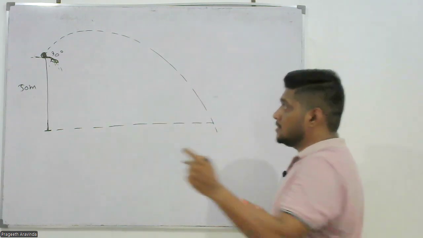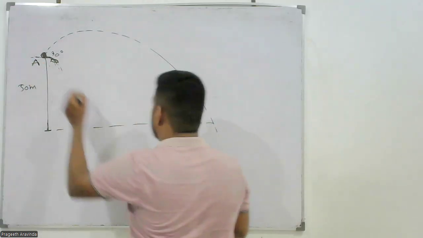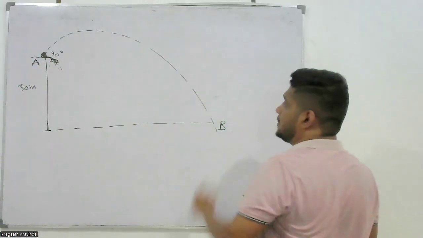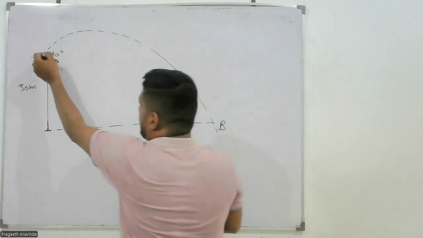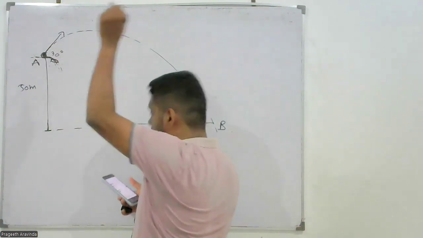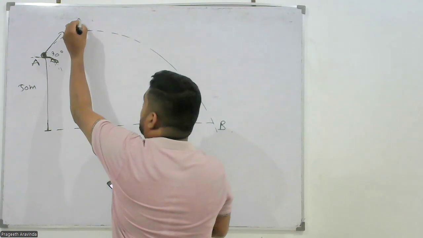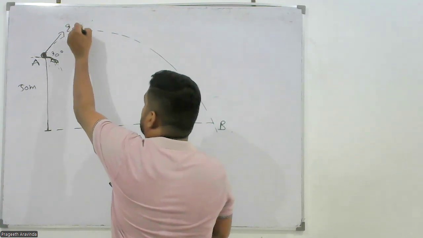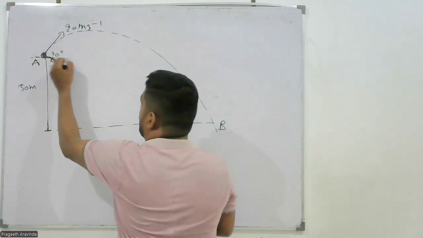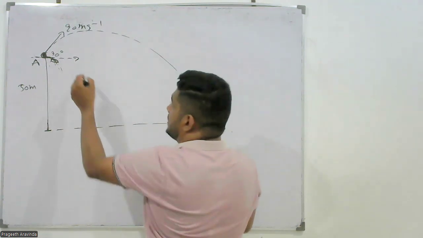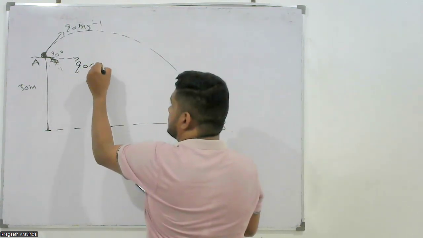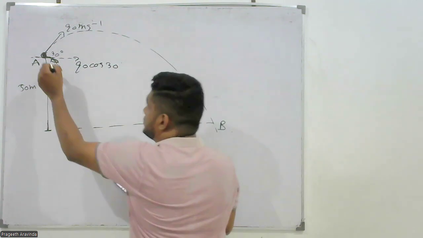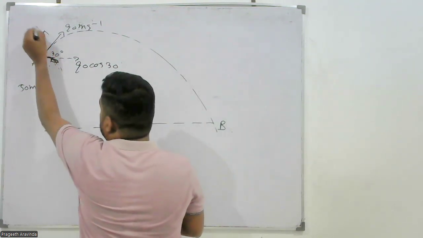First thing, you start from here, then end here. So now you are going to put the equation. Now, how much is this velocity? 90 m s^-1, sorry. Now the component this way is 90 cos 30 and this one is 90 sin 30.